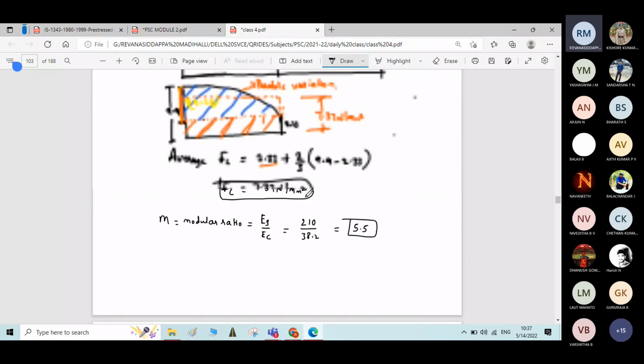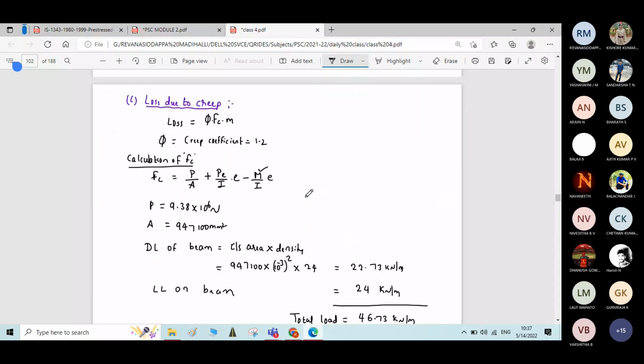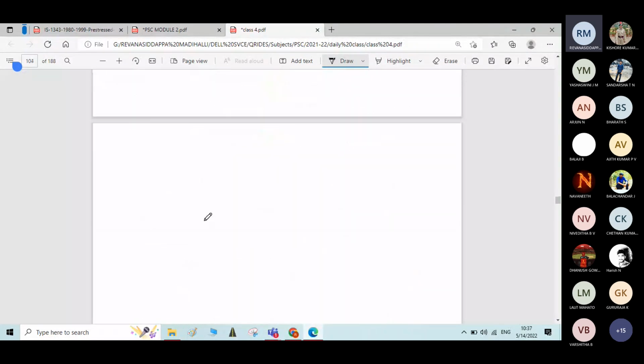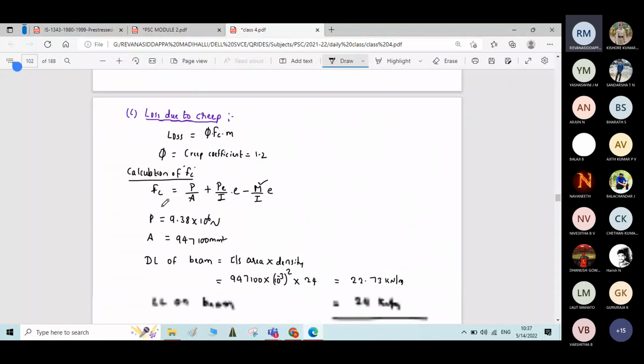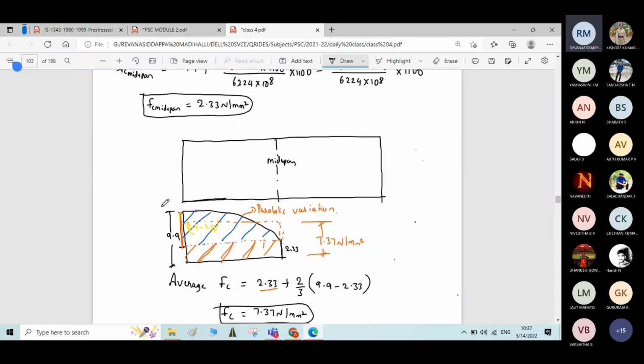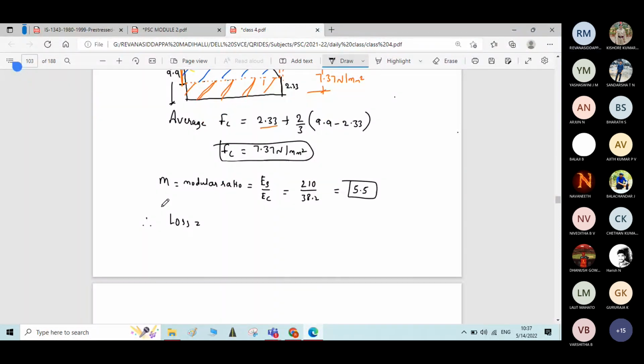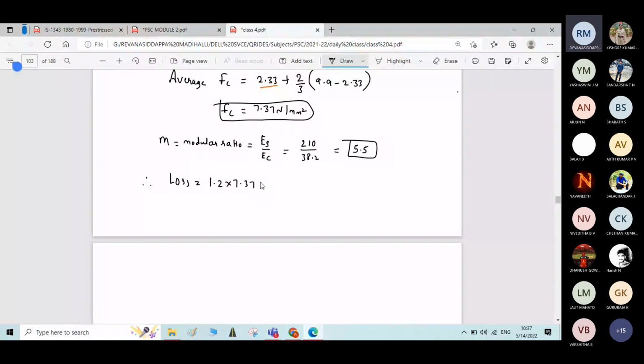Now every parameter is known. You can calculate the loss due to creep. Therefore, loss is equal to phi into FC into m. Phi is 1.2, FC is 7.37, 1.2 into 7.37 into modular ratio 5.5. By this you'll get the loss due to creep.